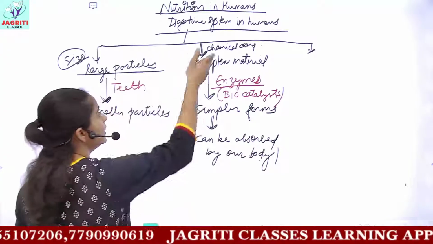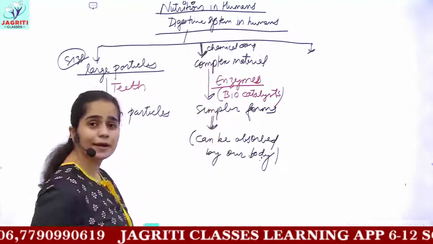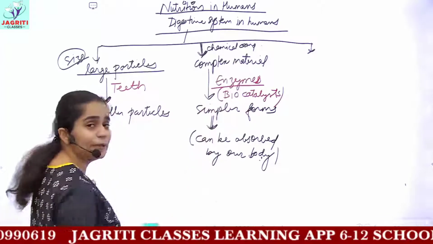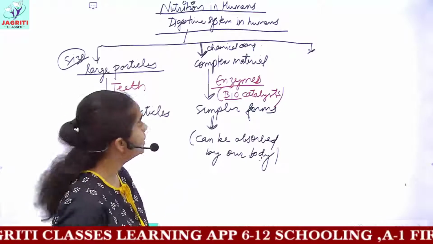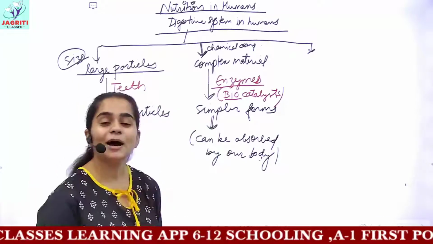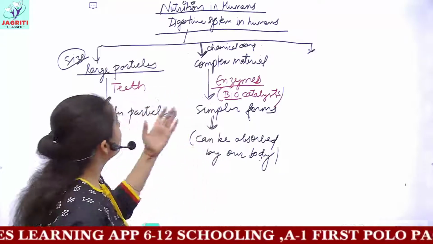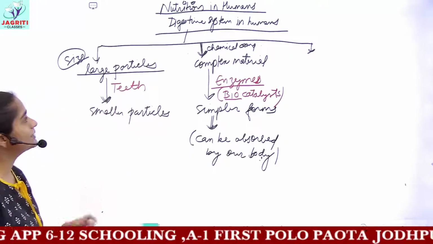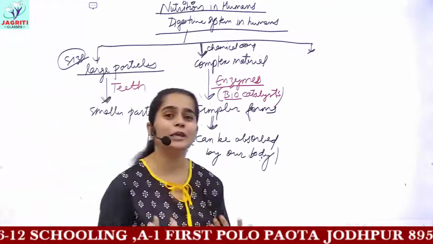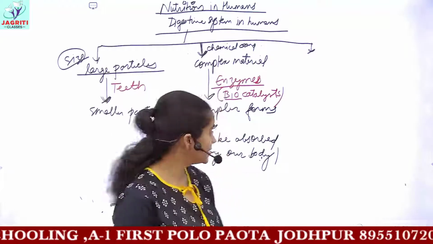Catalyst because they make a chemical reaction occur, breaking complex into simple forms, and biocatalyst because they are present in living beings. So hence enzymes are called biocatalysts. Then you can have many more importances of your digestive system. So this is the basic introduction, that is why we actually need a digestive system.